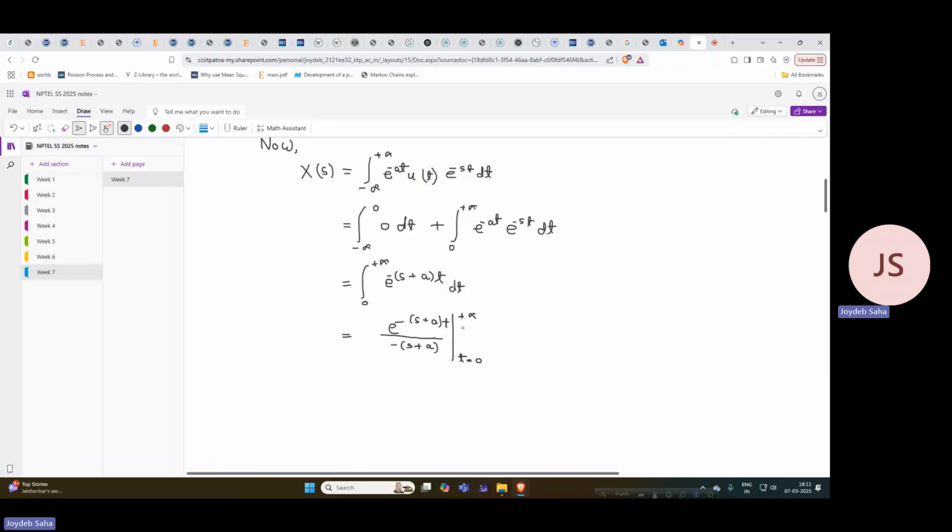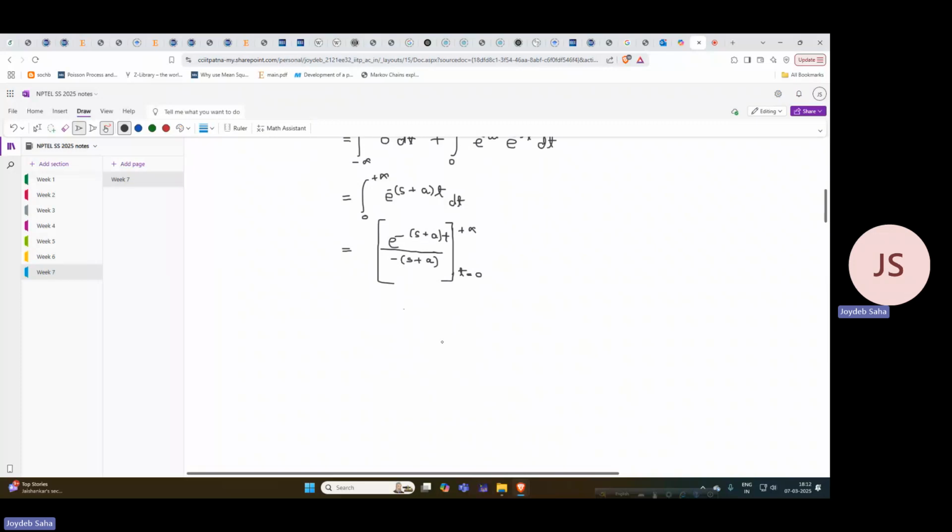Okay, and we can write it like this also: is equal to minus 1 upon s plus a, times the bracket.